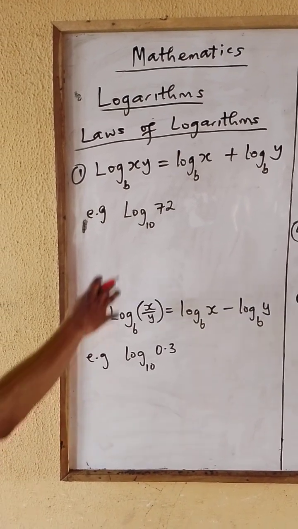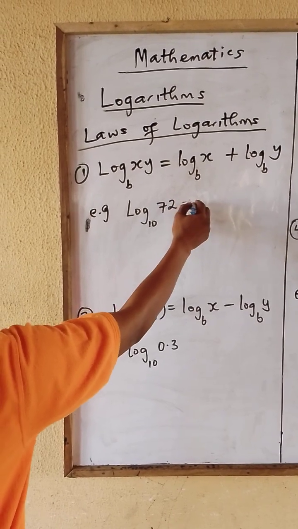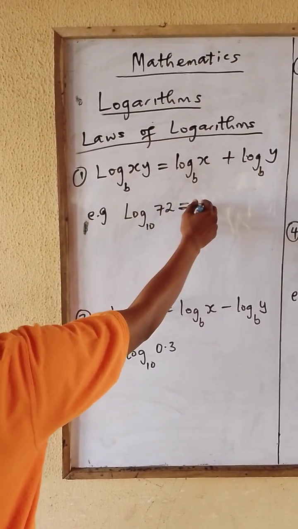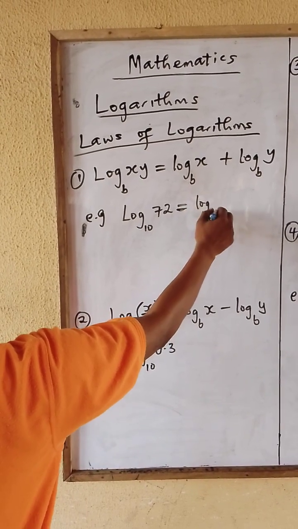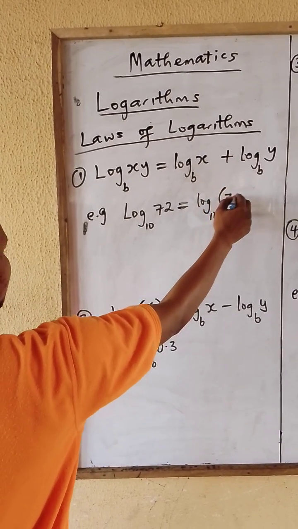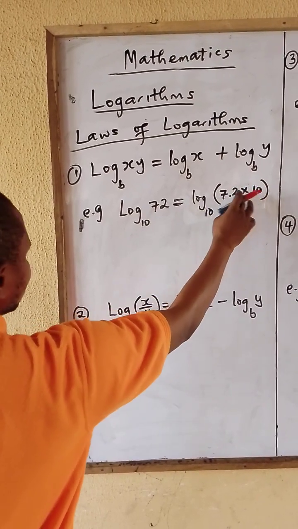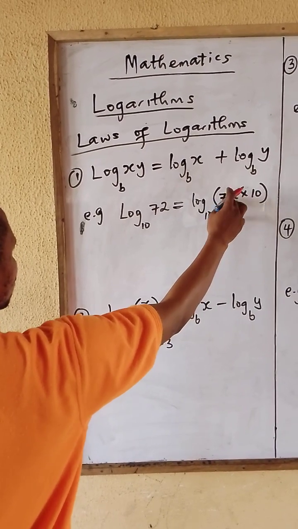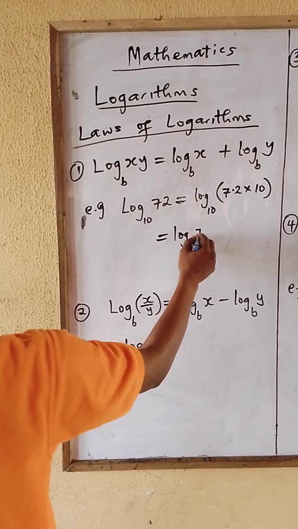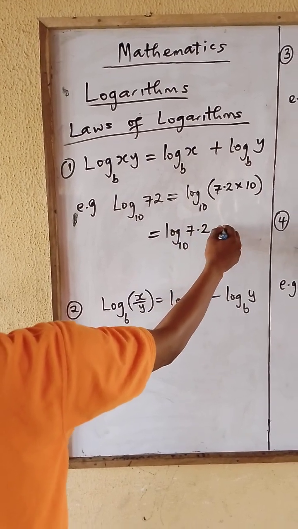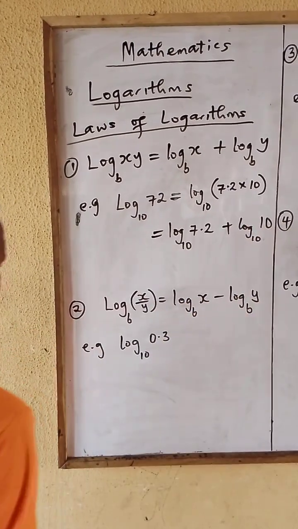So therefore, log base 10 of 72 could be written in the form of log base 10 of 7.2 times 10. Remember that 7.2 times 10 will give us 72. So therefore we are going to have log base 10 of 7.2 plus log base 10 of 10.